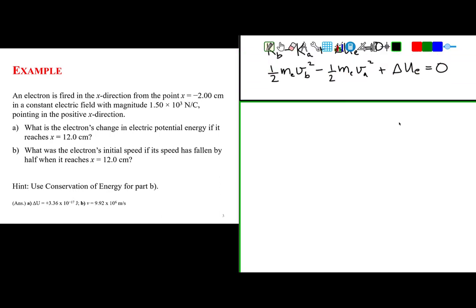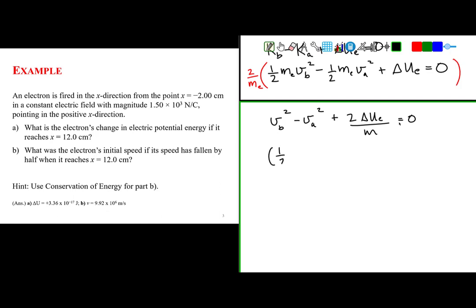Let's multiply everything by 2 over the mass of the electron. When I do that, I get the final speed squared minus the initial speed squared plus 2 times the change of potential energy over the mass is equal to 0.